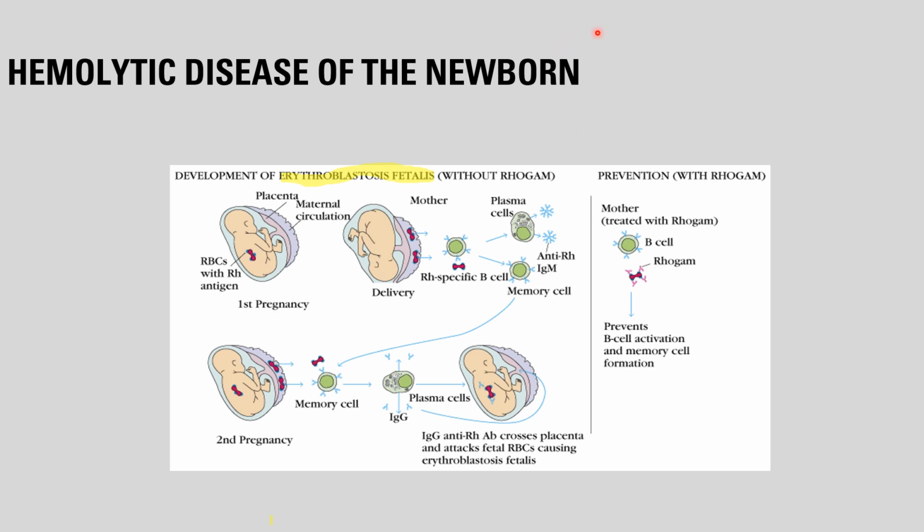So thankfully, because of the technology we have today, we are able to prevent this kind of hypersensitivity reaction between mothers and their fetus by introducing RhoGAM, or a type of antibody that binds with the RH antigen positive cells, and it will now prevent B cell activation of the mother, because it will already bind with the cells of the fetus.